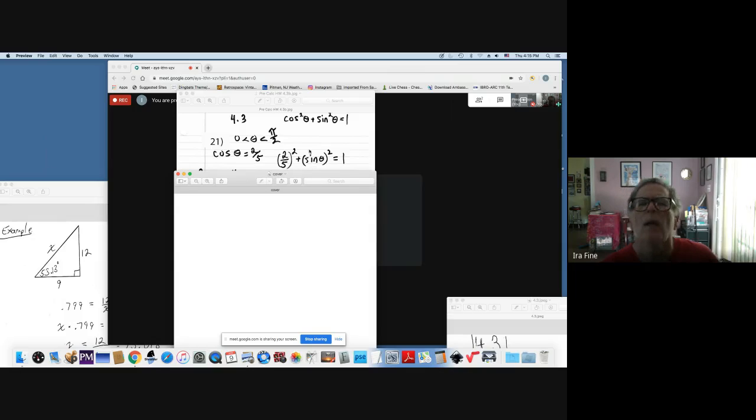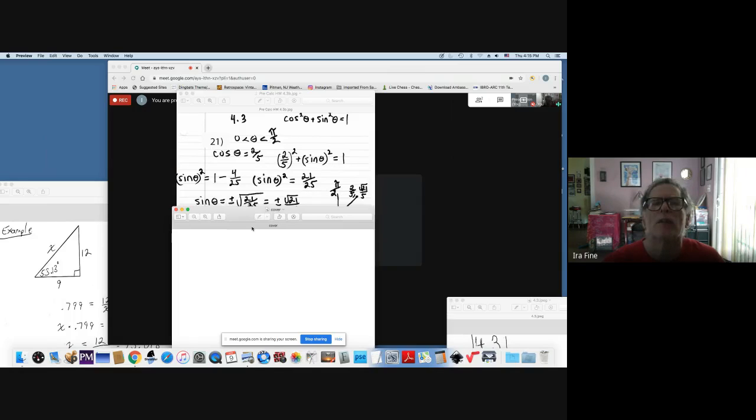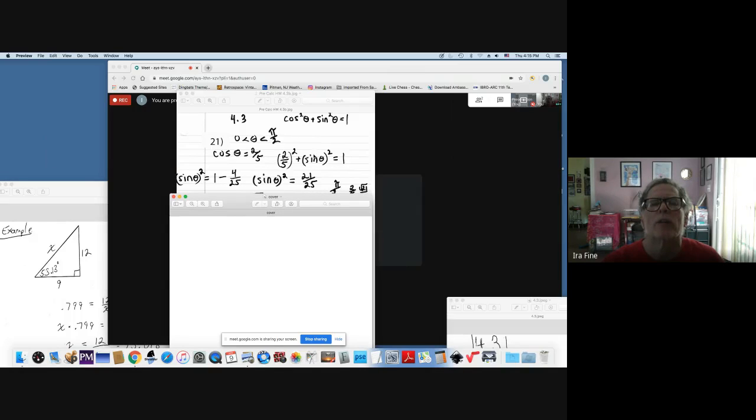So what this really becomes now is just a little equation that we're going to solve for the sine of the angle. Basically, this is just going to be algebra now. So we're going to do sine squared here, just subtracting 2/5 squared from both sides, which is equal to 1 minus 4/25 when we square it. So that means sine squared equals, when you subtract here, 21/25.